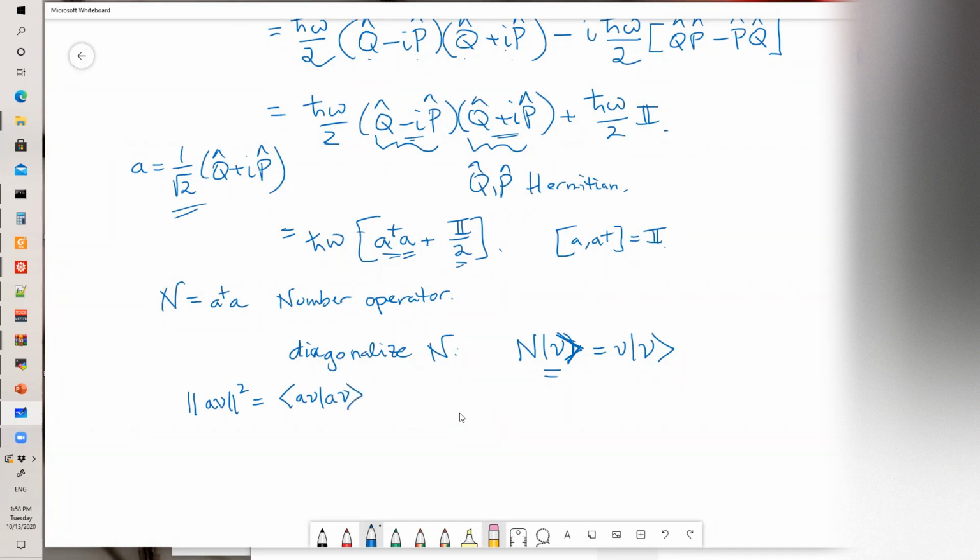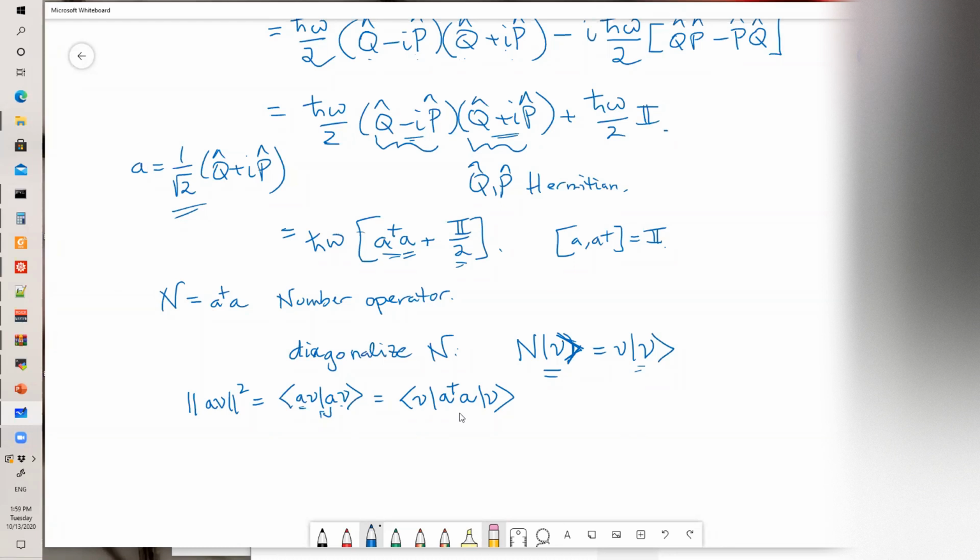This is the operator a acting on one of these nu's. Now we can rewrite this. This is acting on the bra, so we can pull it out of the bra and make it an a dagger here. And we can pull this out of the ket and put it out here. Now it's just acting on this ket nu.